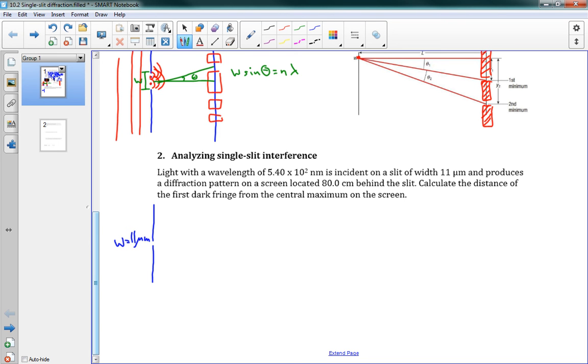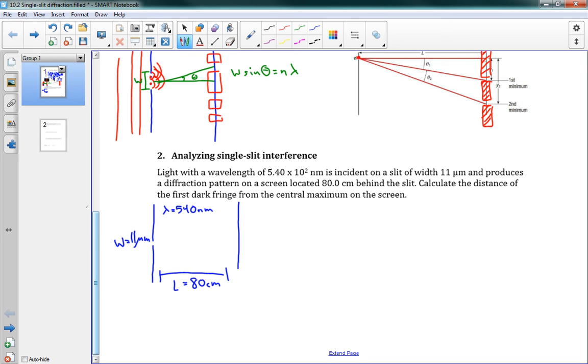Good. And what else do we know? We know that the distance to the screen here, L, is equal to 80 centimeters. Okay, we also know that lambda equals 540 nanometers.